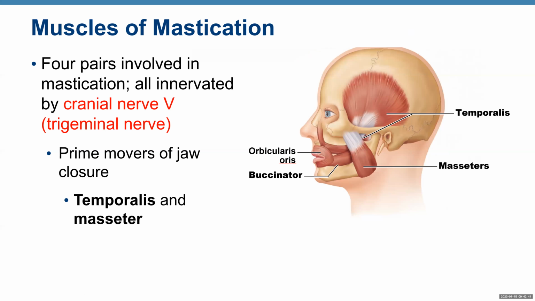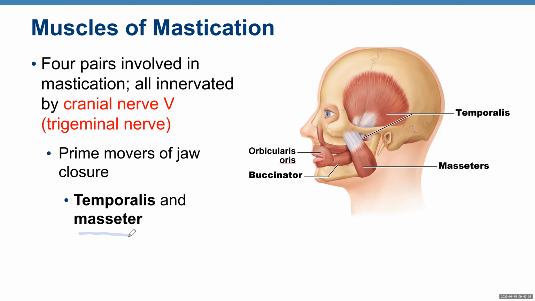Muscles of mastication: 4 pairs involved in mastication, all innervated by the trigeminal nerve. It's also a cranial nerve, number 5. So here the only prime movers of jaw closure are temporalis and masseter.